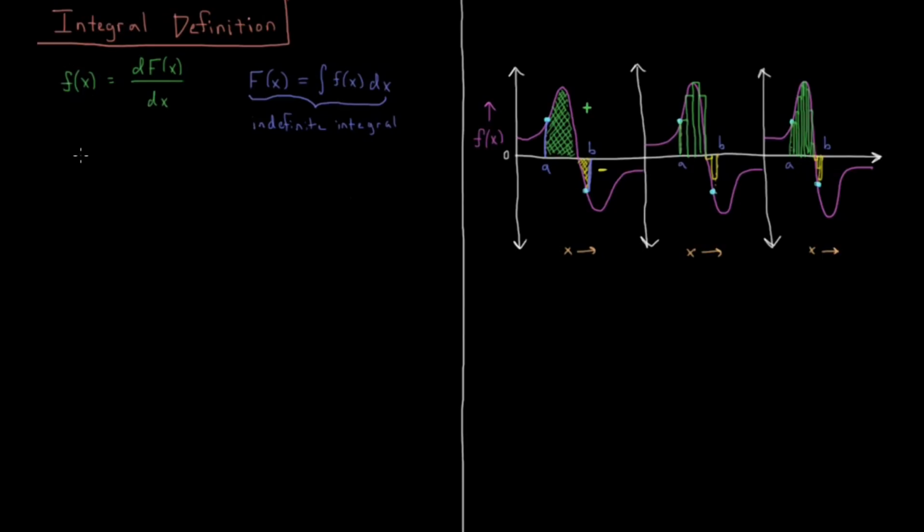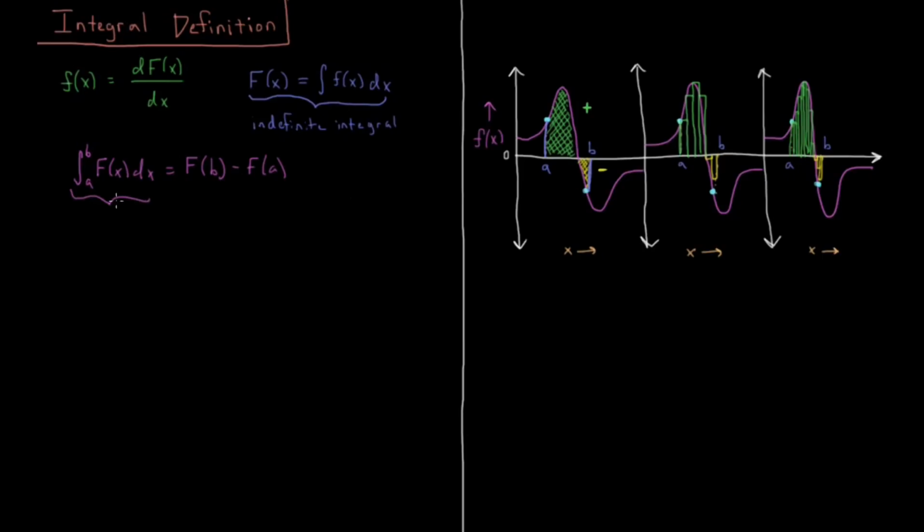Okay, so we can also have what is called a definite integral, where we have our integral sign here, and then we have our limits of integration, our lower limit a and our upper limit b of f of x dx, which is equal to big F of b minus big F of a.